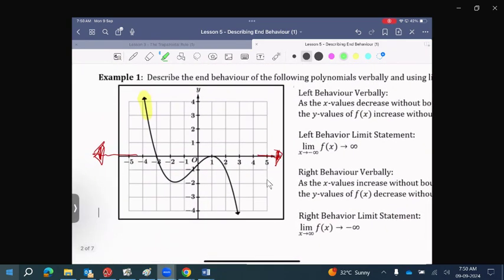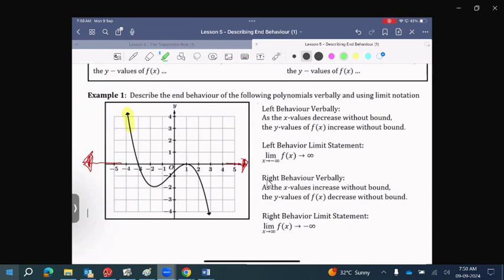So in this statement here, as x moves towards negative infinity, what do the y values do? Increase without bound. So as we approach negative infinity, the limit as x approaches negative infinity of f of x approaches positive infinity.